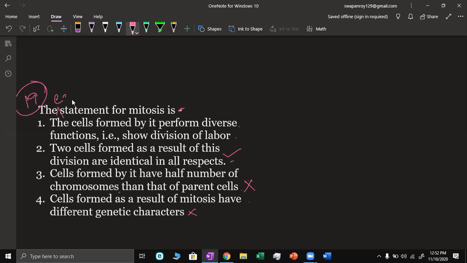The correct statement for mitosis is that the two cells formed as a result of this division are identical in all respect. Yes, this is true. Division of labor is also not necessary, they may not have diverse function, they may have the same function.